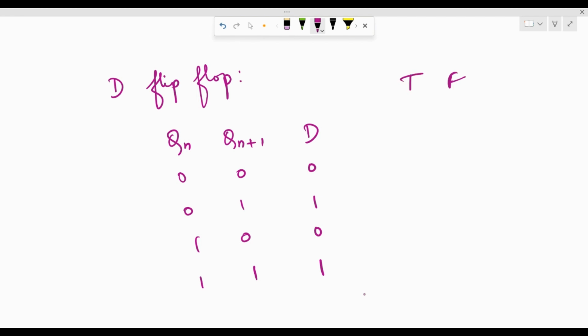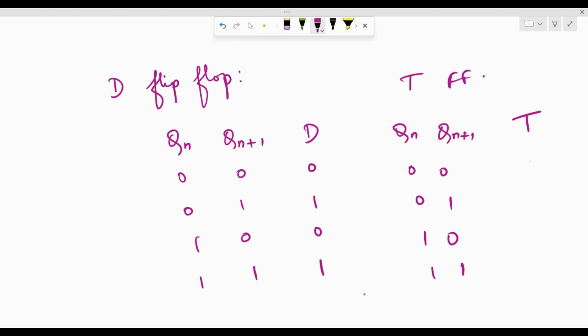Looking at T flip flop, here again we have 0, 0, 0, 1, 1, 0, 1, 1. T is the input, and we need to find out what we need to excite this T flip flop with such that these are the present and the next states. So, looking at the first case, we see that there is no toggling happening.